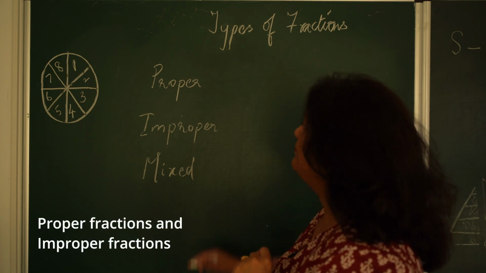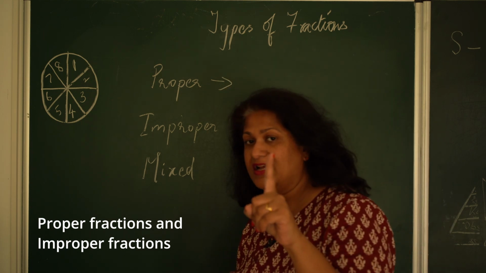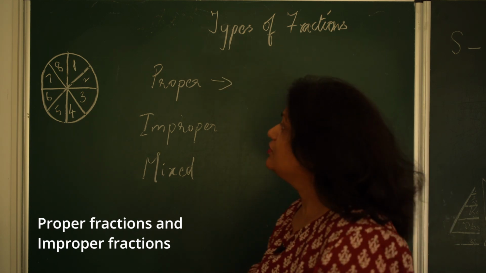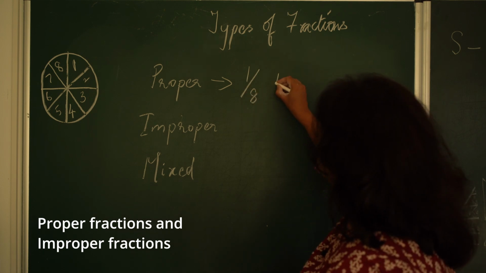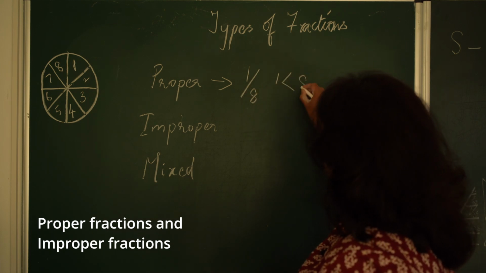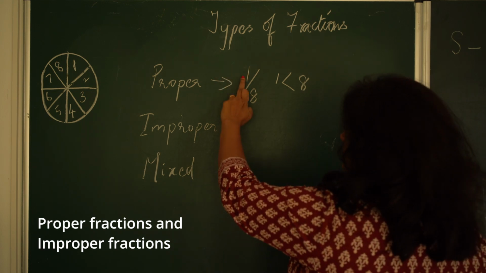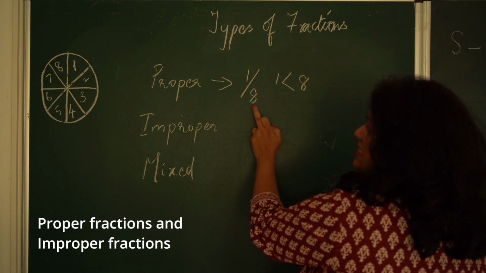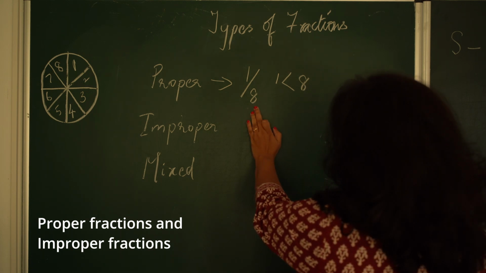For example, I gave each child one slice out of the cake, so it is 1 by 8. 1 is less than 8. My numerator is definitely less than my denominator, which is 8.